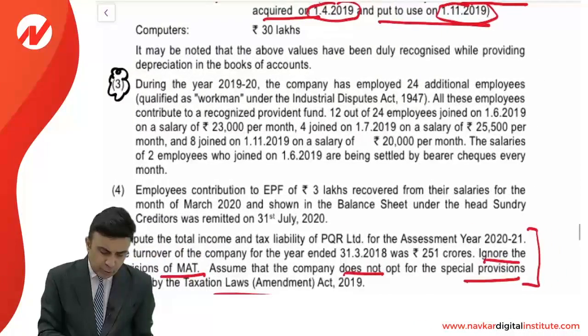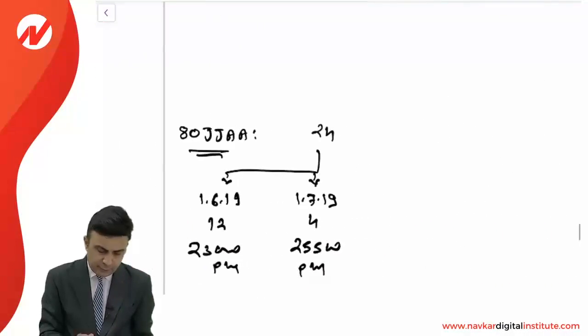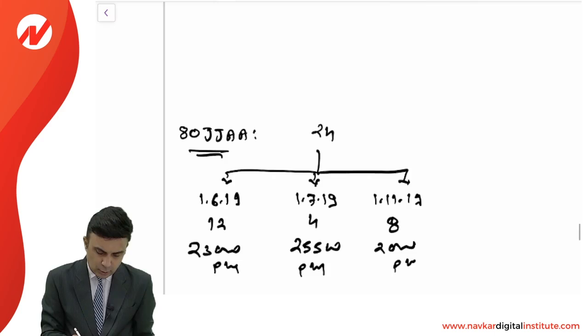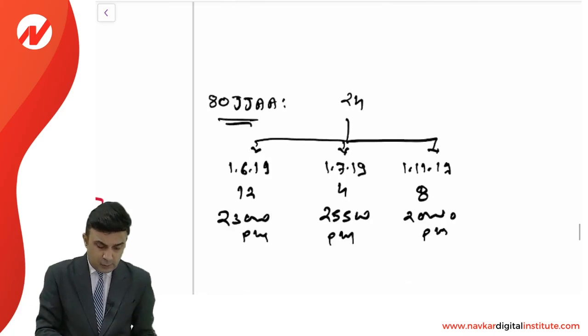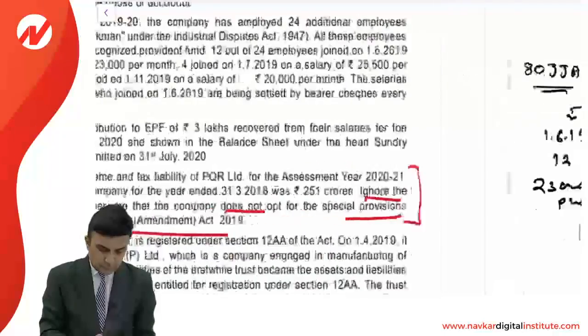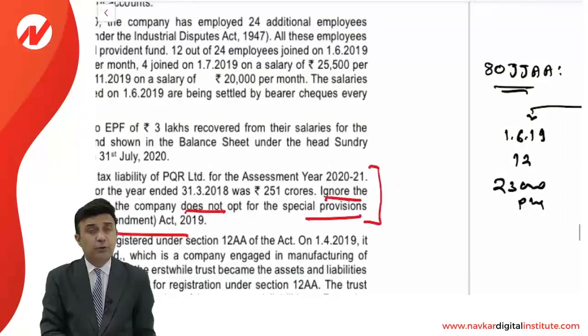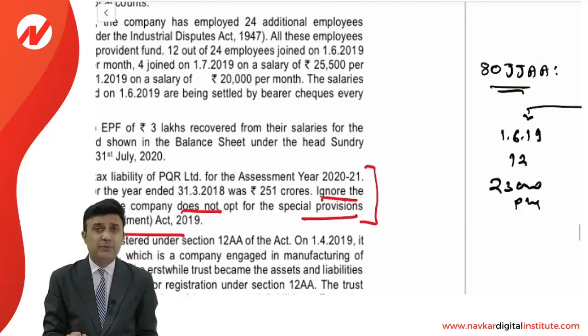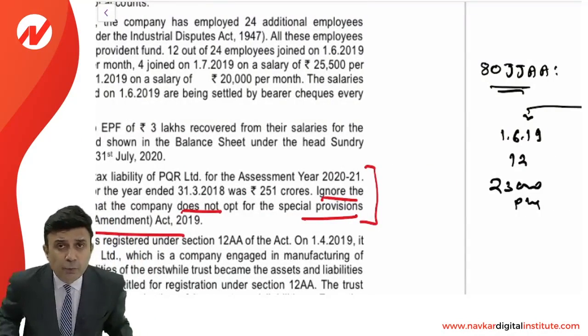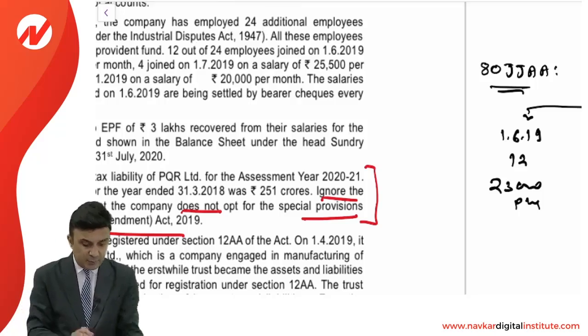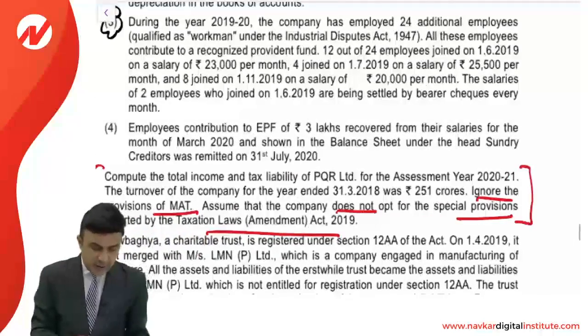And 8 join on 1/11/19 at a salary of 20,000 per month. Friends, remember, even if you are joining on 1/11/2019, till 31st March 2020, an MCQ was there. They are said to be employed for more than 150 days and they are eligible for the 80JJAA.